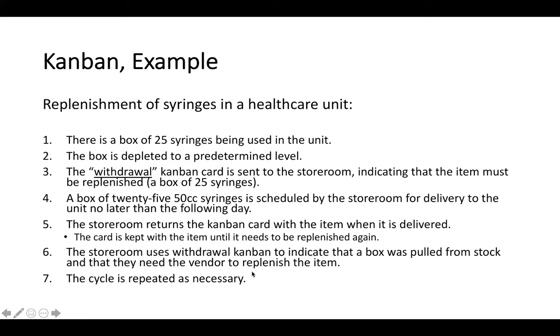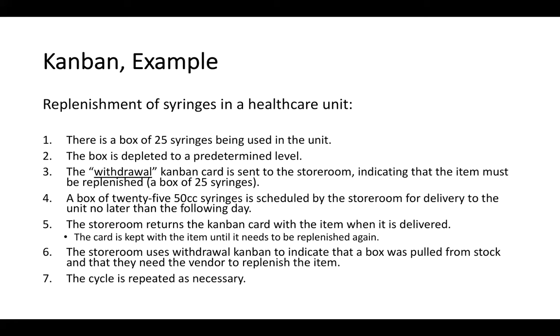Now storeroom also has to make sure that they have enough syringes in the room, so that as nursing rooms and the patient rooms and doctor rooms request for these syringes, they have enough supply to provide. So those Kanban cards also are going to be used, so the storeroom can show and can prove that they have already replenished the demand of the nursing room.